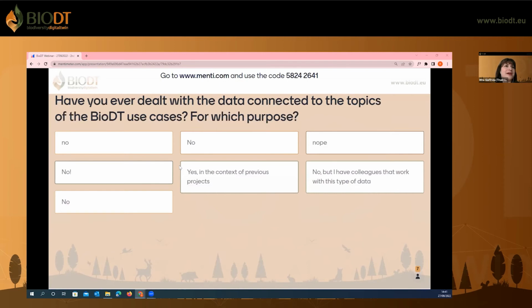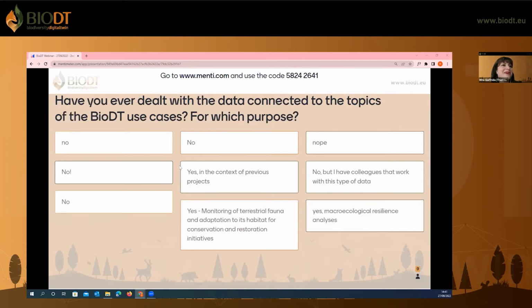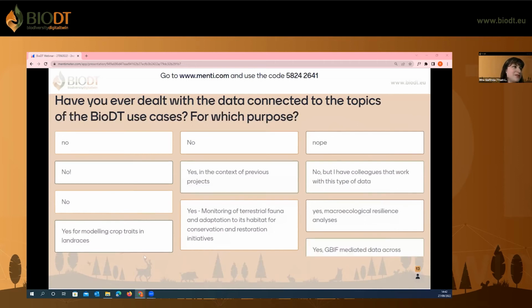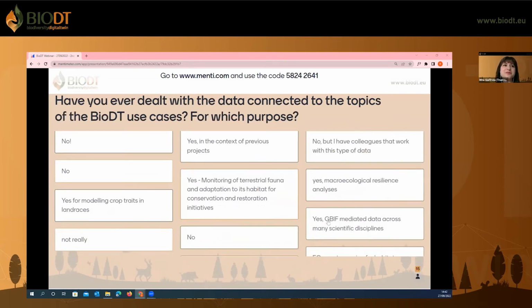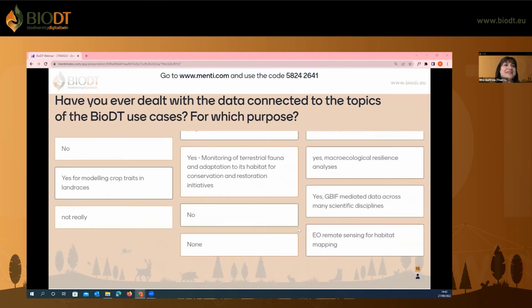And we got just some comments, either for previous projects or previous analyses that were done. Okay, they were mainly used for modeling. And I see that someone has also used the GBIF database, which is also used by our use cases, as Desalegn was also mentioning.